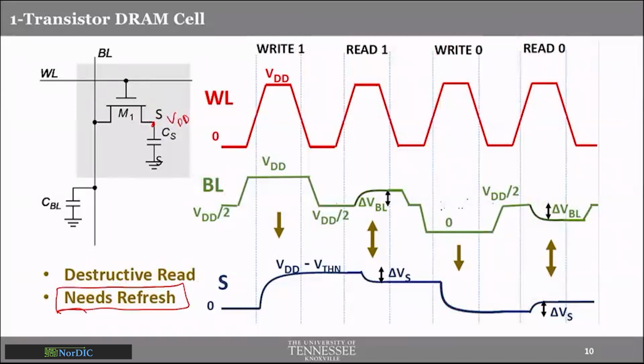By the way, I'm always writing VDD here, but remember, practically you don't really reach VDD because of the problem with the NMOS. You reach VDD minus V threshold, right? Just keep that in mind. But for simplicity, I'll just keep writing VDD. So imagine you have VDD stored here, and you haven't been doing anything, reading or writing, for a while. Will the capacitor be able to hold on to that exact same voltage level or not? Can anybody comment?